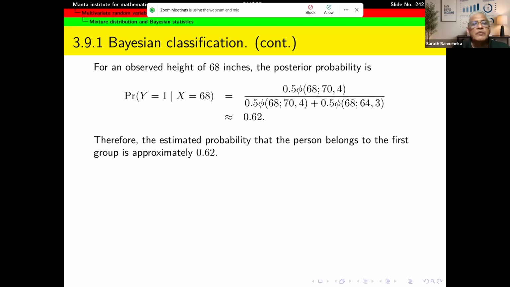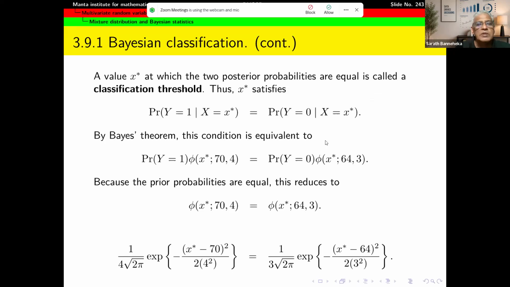And then, once we know the height of an unidentified person, where we don't know whether that person is a male or female, only the height is identified, we wanted to predict whether the person is a male or a female. So that kind of prediction can be done using this idea, when you know the mixture distribution and individual distributions.